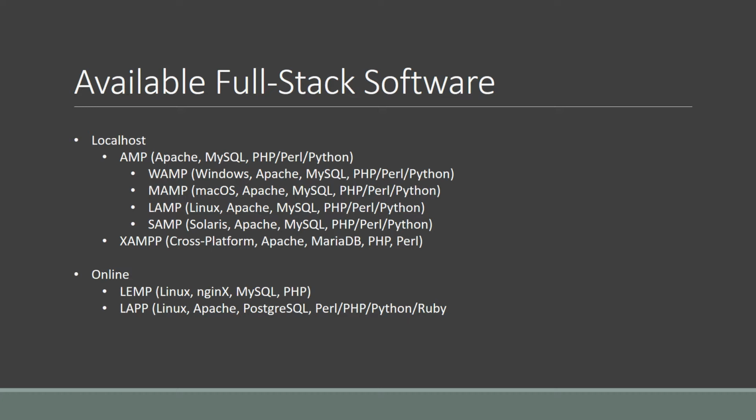And the other one is basically Linux, Apache instead of Nginx, and PostgreSQL. I don't know if I pronounced that one right, but that's the other one instead of MySQL. And then you have your Perl, PHP, Python, and Ruby. Ruby is also a server-side programming language, which is used for many online websites.